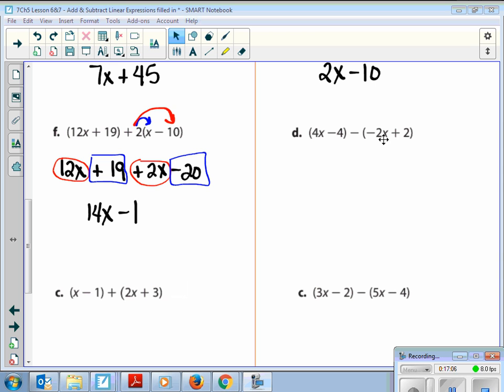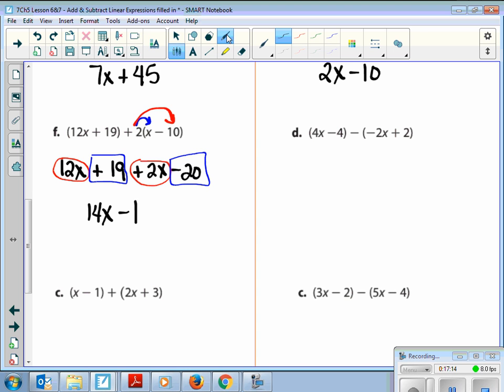All right, so let's do example D together for the subtraction. So here, once again, there is a positive 1 in front of this parentheses, so we can take those parentheses away. So we have 4x minus 4. And then over here, we have a negative 1 in front of the parentheses, so we're going to have to use the distributive property.